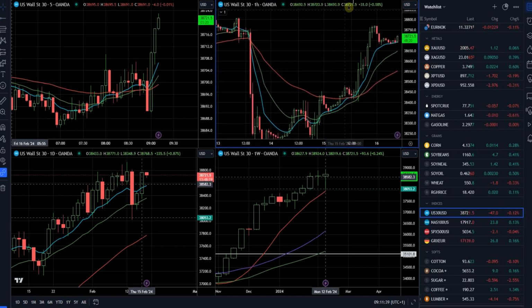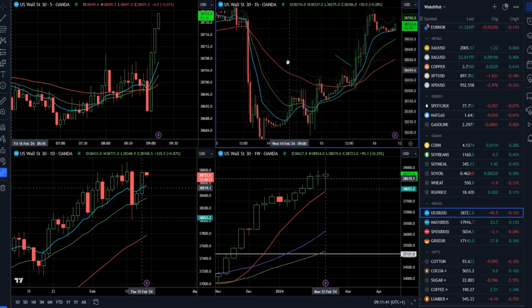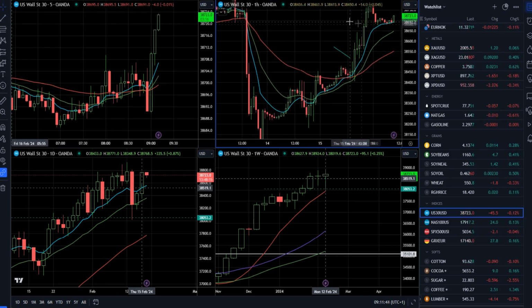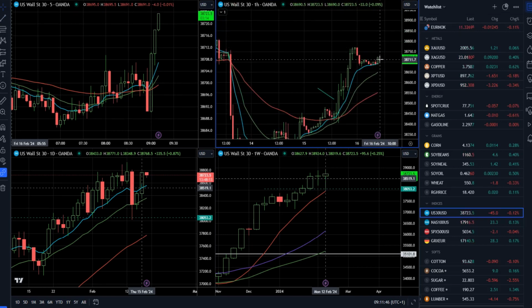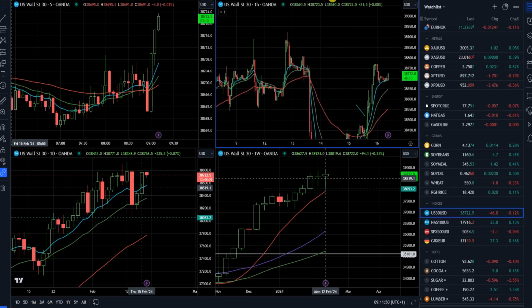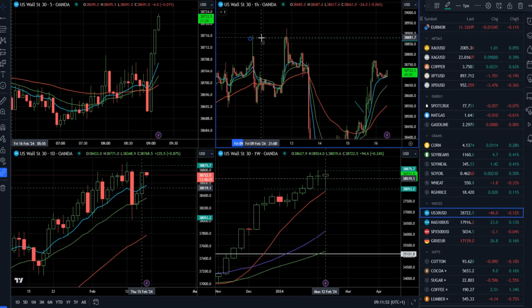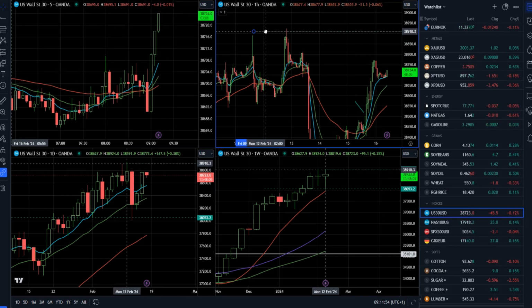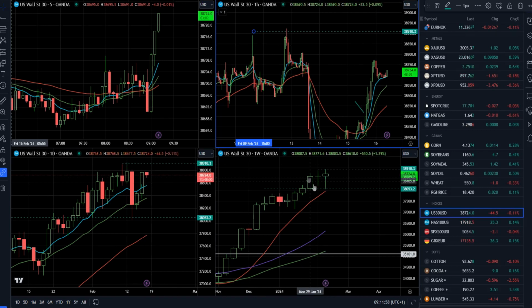We'll just mark this on the hourly time frame. So this was a breakout, and this is a bull flag. It seems like a very nice bull flag and potential for upside continuation, and the retest of the highs around, I will say, the 38,900 mark. There is a chance for that retest of the previous swing high on the daily time frame.